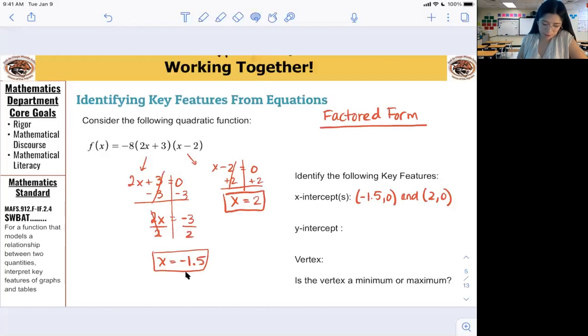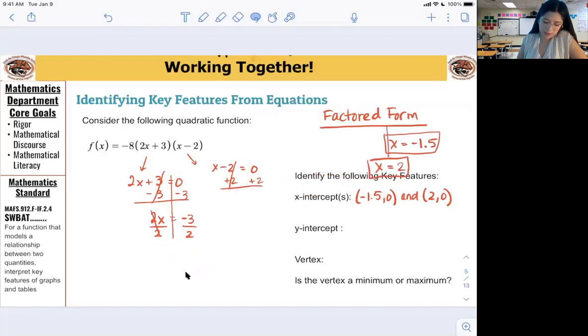Okay, so I'm going to bring this up to here. And, oopsies. And what else do I know about this function? Based on the equation. What else have I not really looked at yet? Yeah, a equals negative 8.